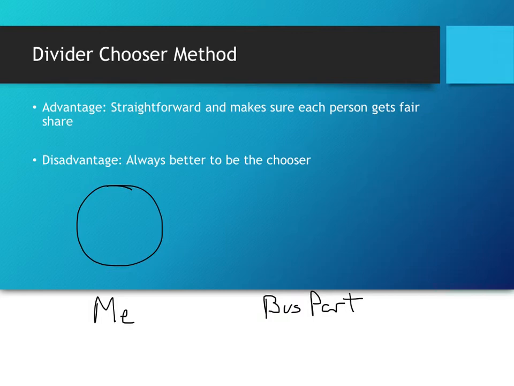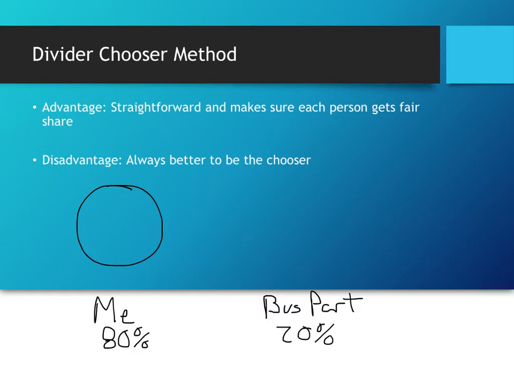And I own, let's pretend, 80% of that company, and he owns 20% of that company. The divider-chooser method can still be employed. Basically, if you look at the ratios of 80% and 20% out of 100, right? Well, 20% is 1/5, and 80% is 4/5.